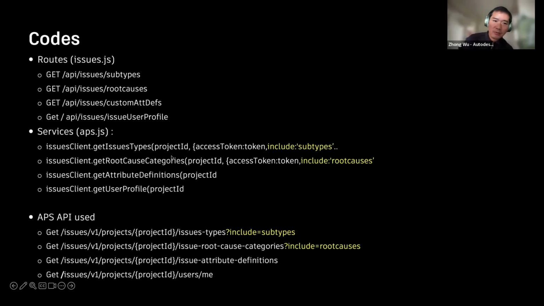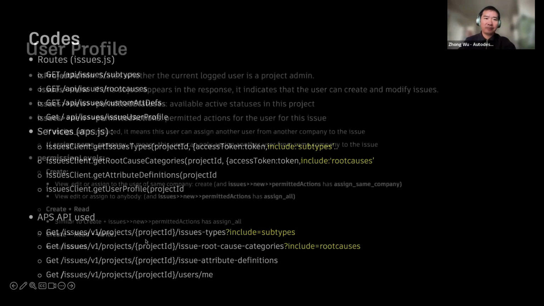Remember that for getting issue types and root causes, please make sure to include subtypes or include root causes. With this you can get the root causes. Otherwise, you just get the category. So the APIs are used here.